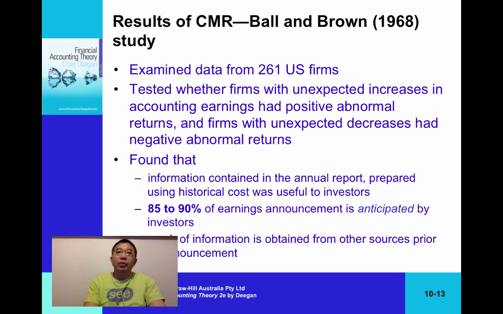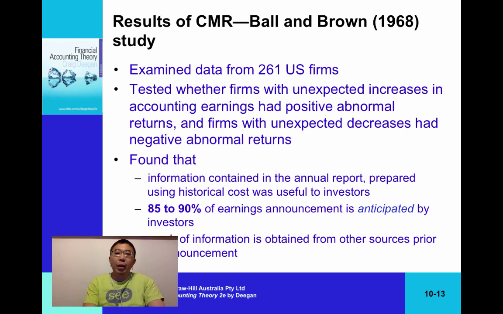What they tested was the correlation or the relationship between these 261 US firms' unexpected changes or increases in accounting earnings, and compared it with the changes in share price as a result of these changes in earnings. So what they were looking at was the correlation between unexpected increases in accounting earnings and whether these have positive abnormal returns.